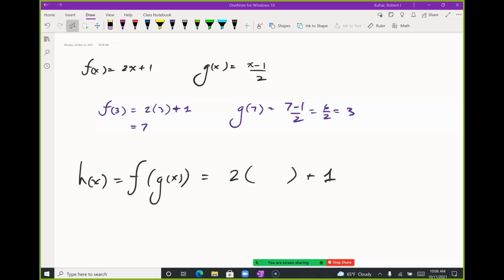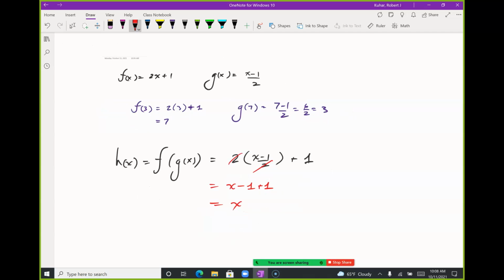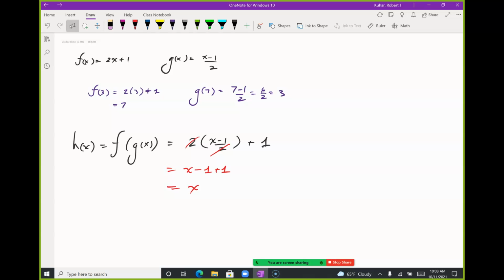All right, so inside of this, I'm putting my x minus 1 over 2. The 2's will cancel. We get x minus 1 plus 1. We get x. Huh. What do you know? If I do g composed of f, I get parenthesis minus 1 all over 2, and I'm putting into that 2x plus 1.